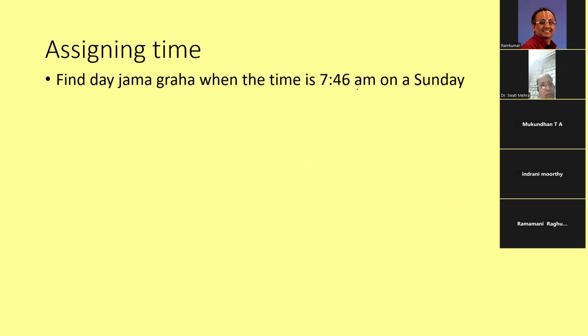Okay, you have to tell the degree. Between 6 to 7 it will be 46 minutes past. So how many degrees is it in Aquarius, Kumbha? 46 by 2 is 23, right? So 30 minus 23. Sorry, it will be 7 degrees Kumbha, right?